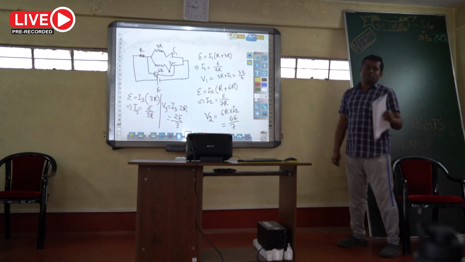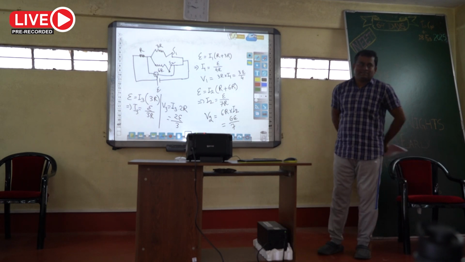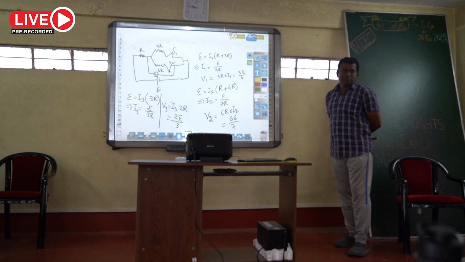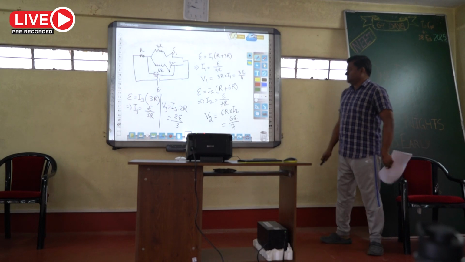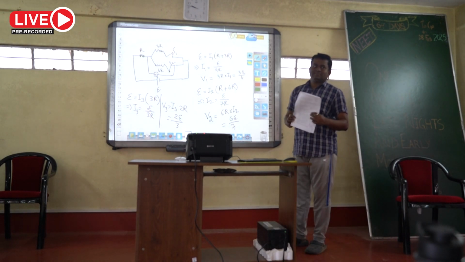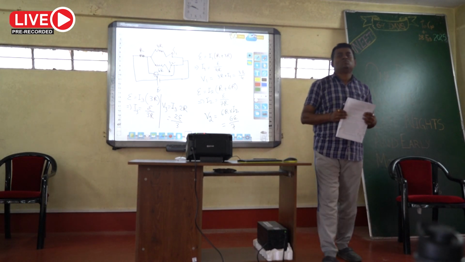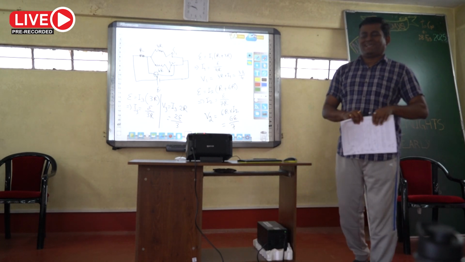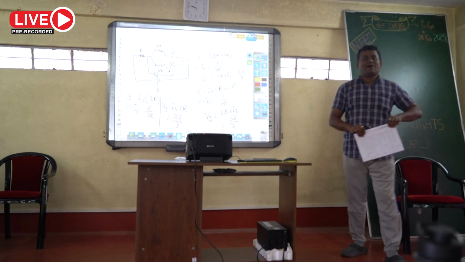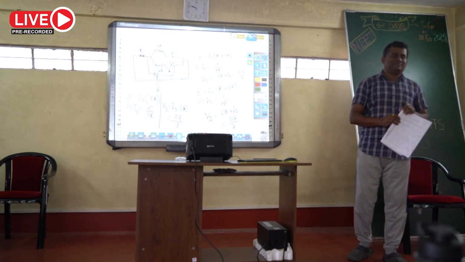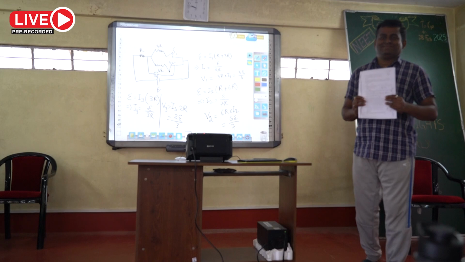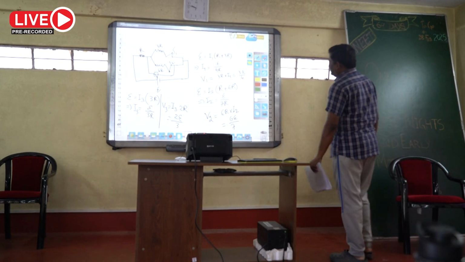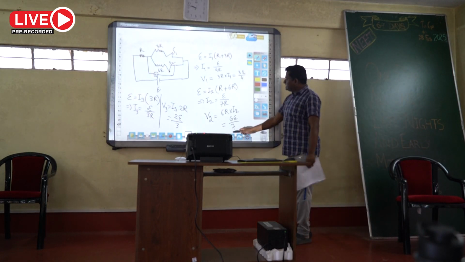Now which of the options is correct? Option C. How is option C correct? The denominators are 3, 7, and 4.